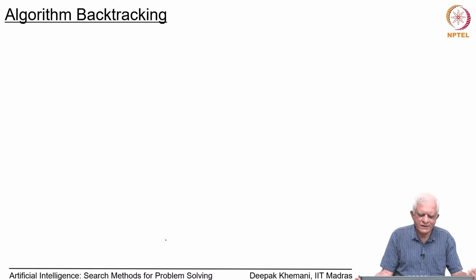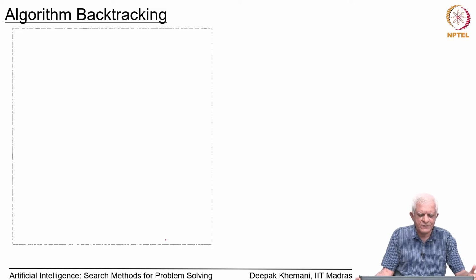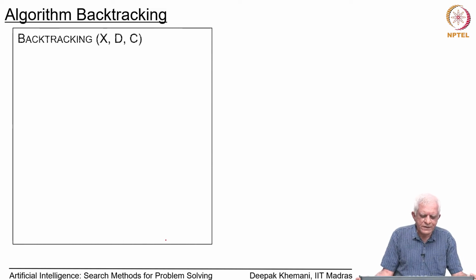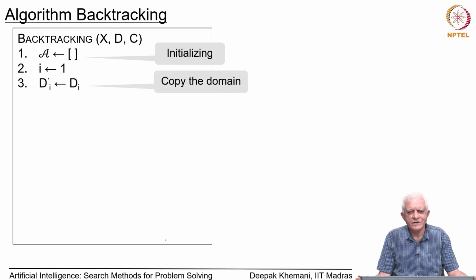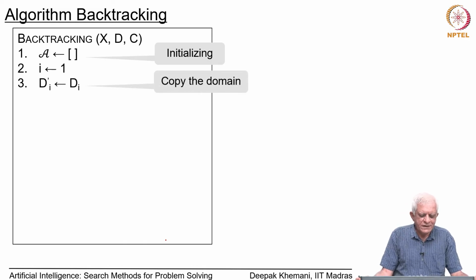So, let us look at this in a little bit more formal way. The input to this is a network, or a constraint satisfaction problem. We start off by initializing the assignment vector to an empty list, as we said, we will be treating it as a list, and we make a copy of the first domain, so that we can delete from that and go back and try again.